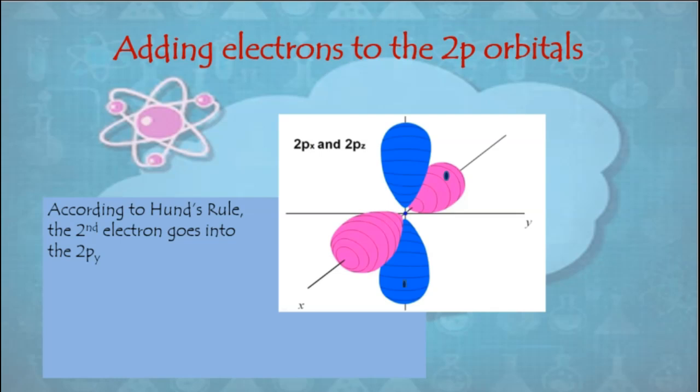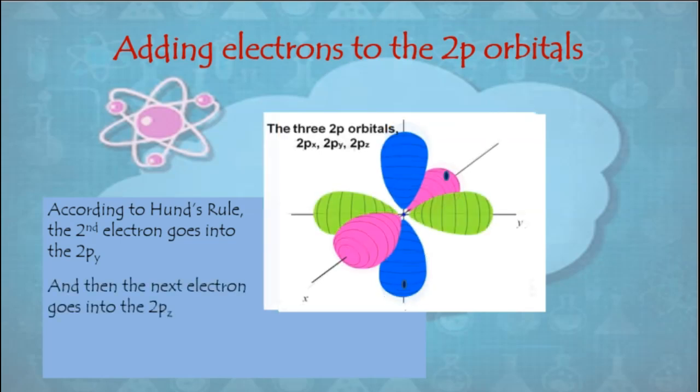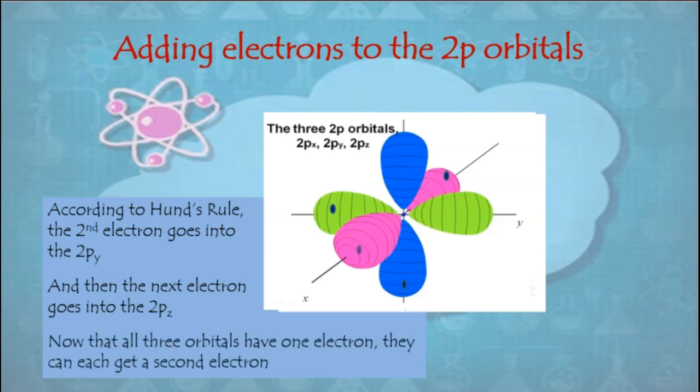I still have one more shape to put something in. So guess what? I now have the py, and I'm going to put one in the py. Now that I have one in each of these, guys, I can put in the last three.